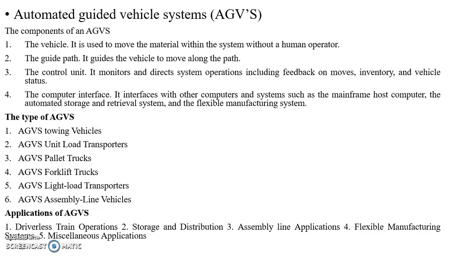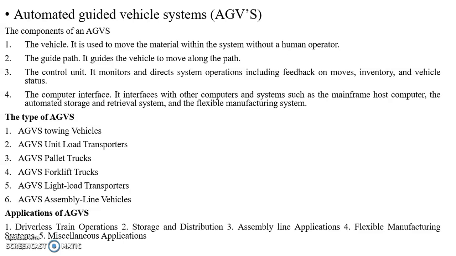It monitors and directs the system operating, including the feedback on moves. Next, computer interface. All the work the AGVs will do with the interface of the computer and system, such as the mainframe host computer.